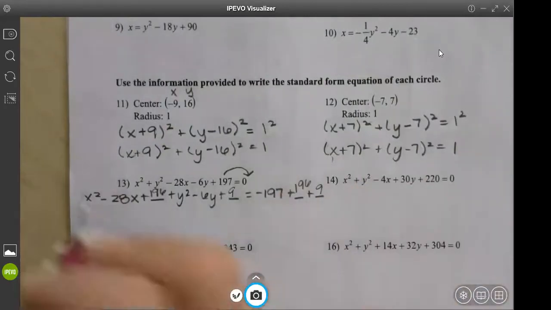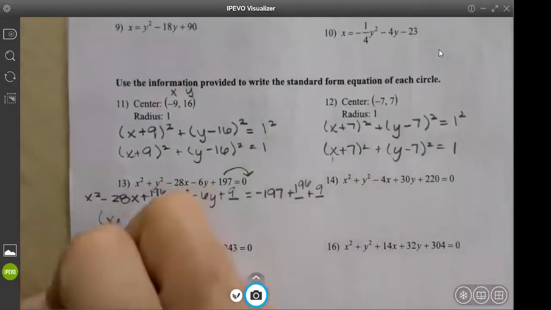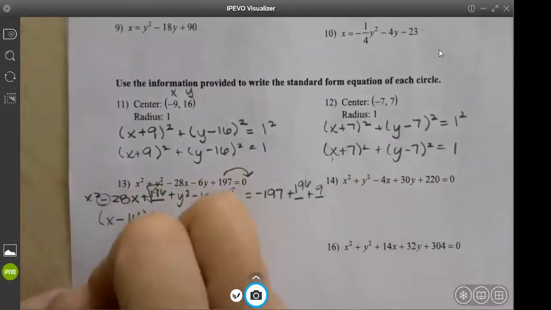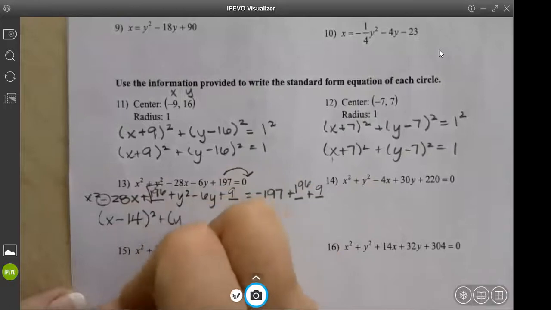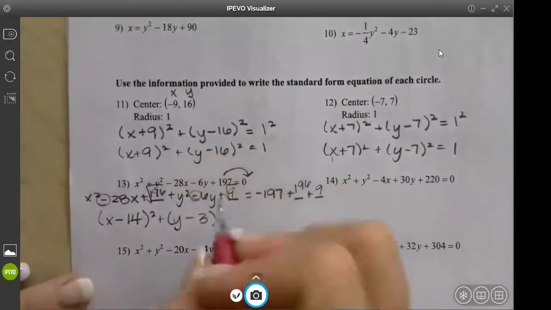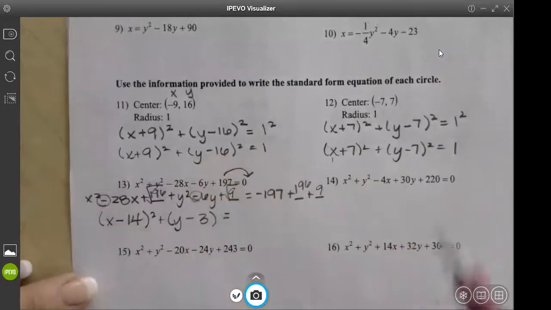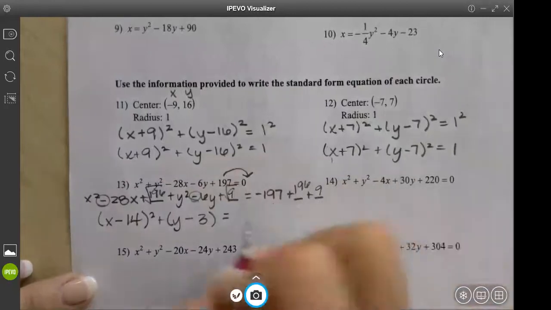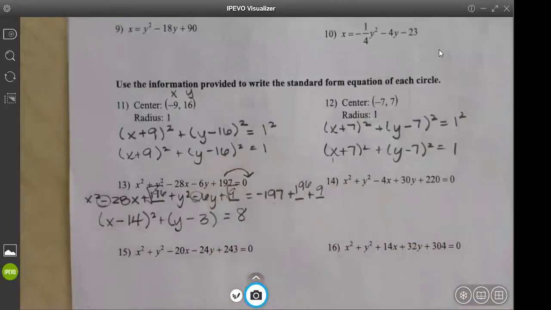And then you're going to rewrite everything. X, your first sign is a minus. Your square root is 14. You have y, your first sign is a minus. The square root of 9 is 3. -197 plus 196 is -1 plus 9 is 8.